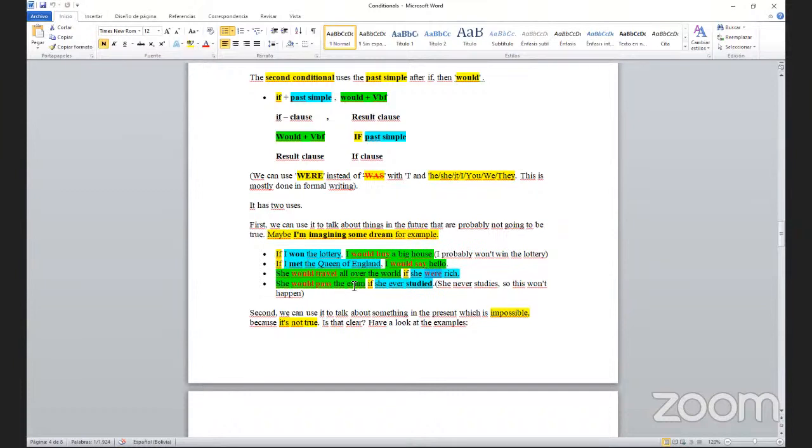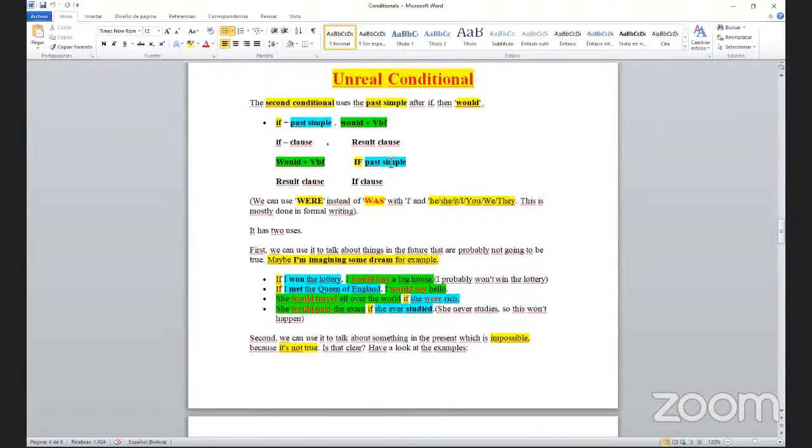She would pass the exam if she ever studied. If I'm using this ever, I'm using it to emphasize. It is kind of never, right? That she never studies. Okay, so we're going to use only these two grammars in order to talk about impossible things, things that couldn't be true.